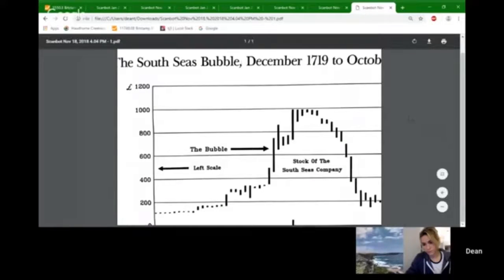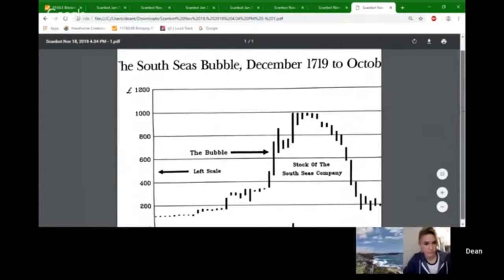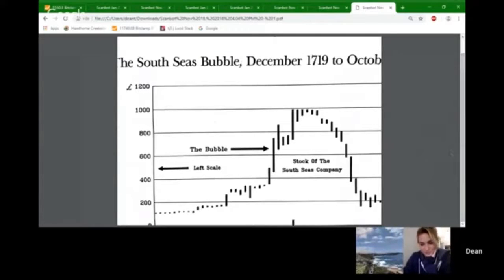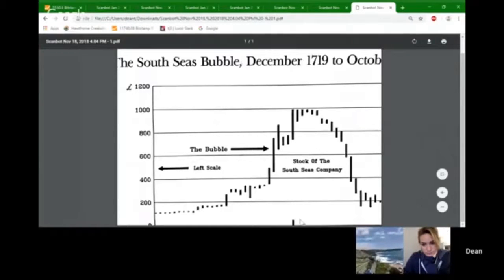One more that all of us have talked about, and this is the best chart I've been able to find. This is called the South Sea Bubble, from 1719. It actually started to break down in October of 2020, and this is a monthly chart, and not very specific, and I can't trust anything in terms of the dollars over here. We just don't have the records going back that far.